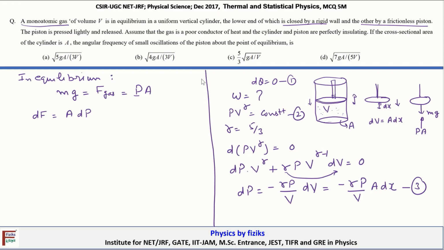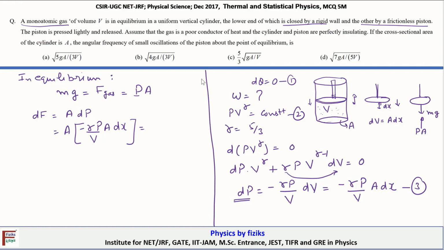Okay, so here we will substitute the value of dp from equation 3. If you do that, this is equal to A times minus gamma p upon V times A dx.